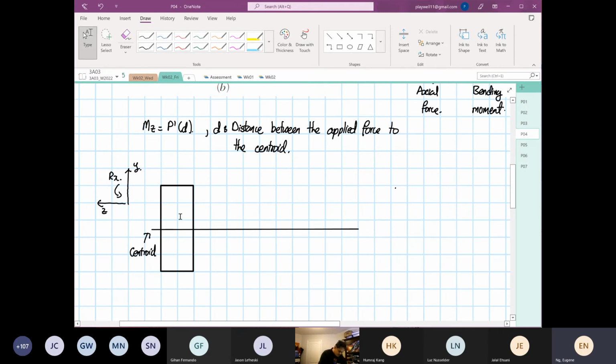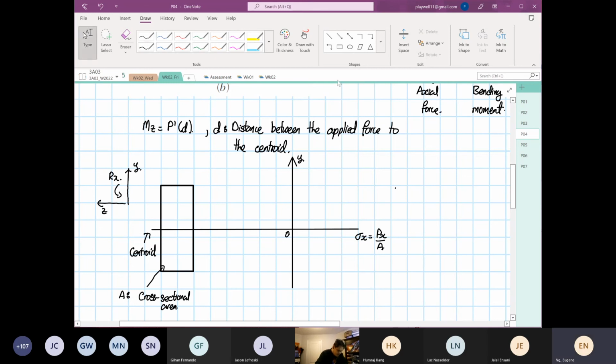So if we were to sketch stress X, it is equal to Px over A, where A is the cross-sectional area. So this will be our Y, and this is our 0.